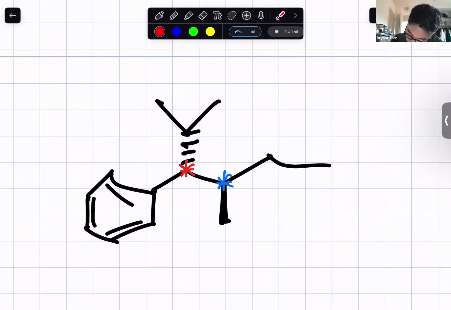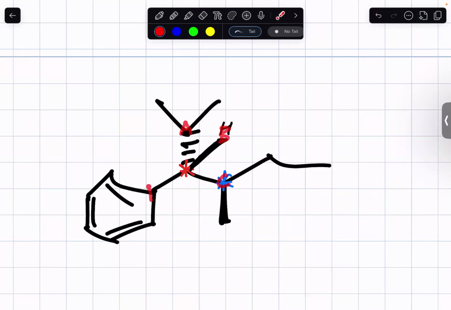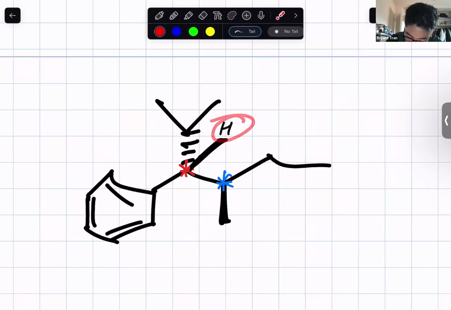So let's see here. I'm going to draw out the invisible hydrogen for you, which is in wedge. And let's say this is group A, this is group B, this is group C, this is group D. How do you find the invisible hydrogen? The invisible hydrogen here is going to be on a carbon that is neutral, right?